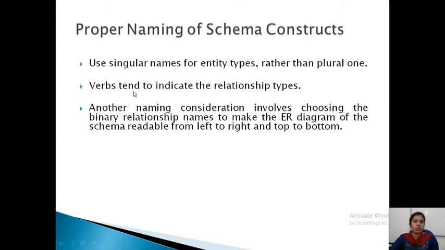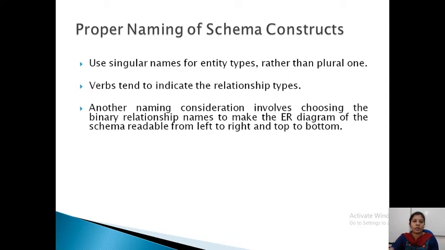Then verbs tend to indicate the relationship types. You have to see what all the nouns present in the statement and what all the verbs or the adjectives or the special descriptions are, so that you can check. If it is a noun, then it can be considered as an entity type.